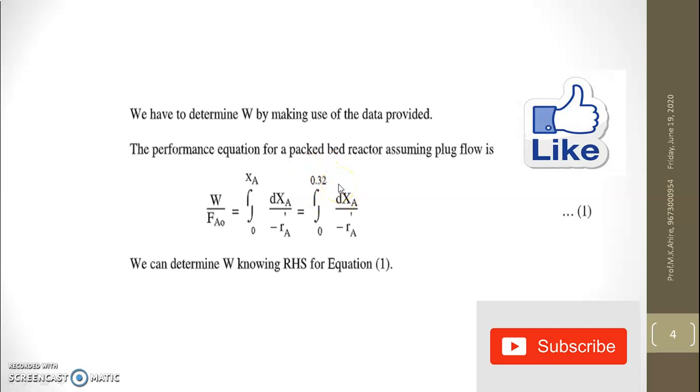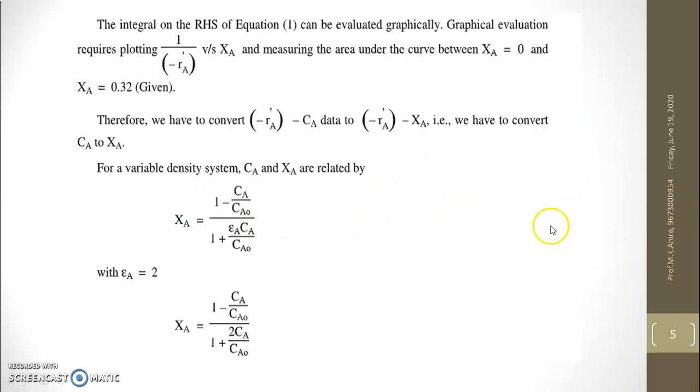A fraction has a maximum value of one, where 1 represents 100%, so 32% represents 0.32. Here we want to calculate W, which is the weight of catalyst. We consider this as equation number 1.